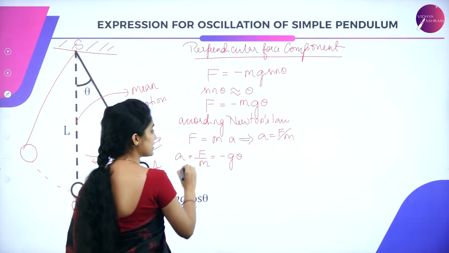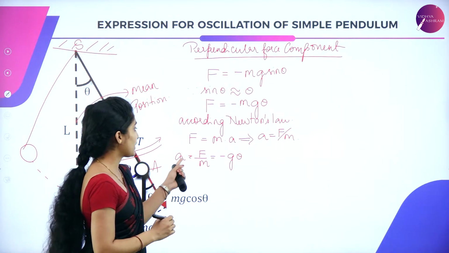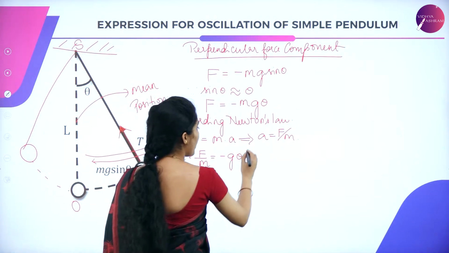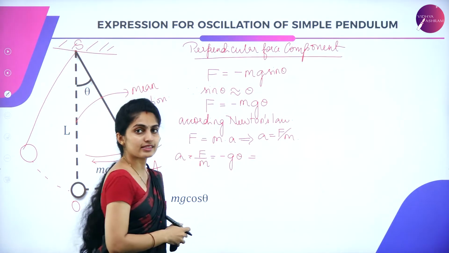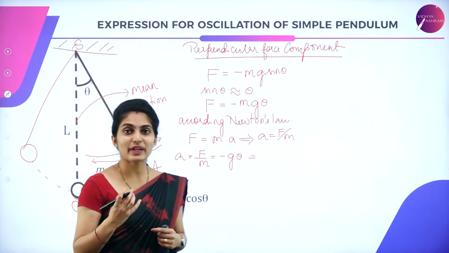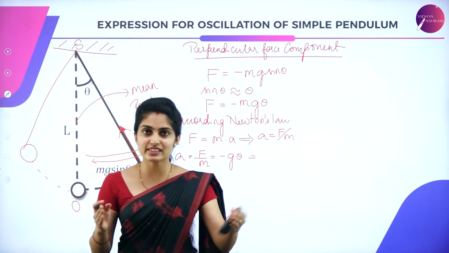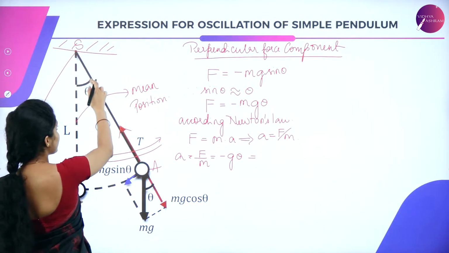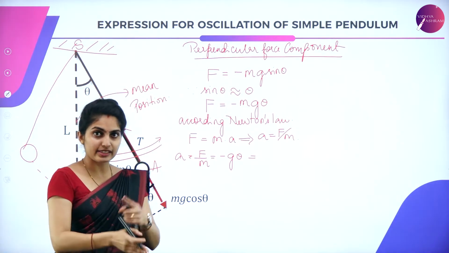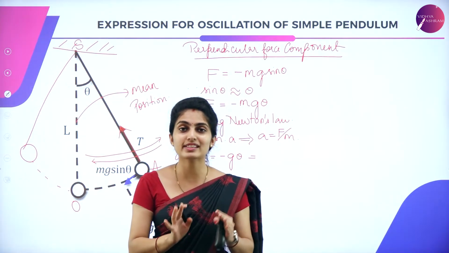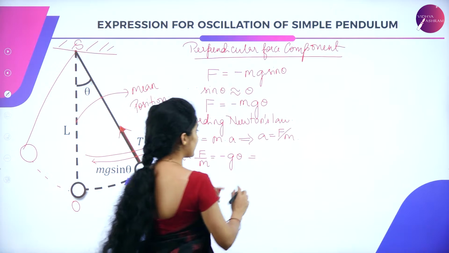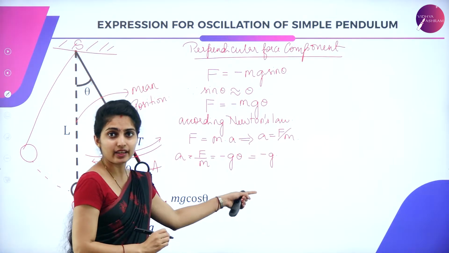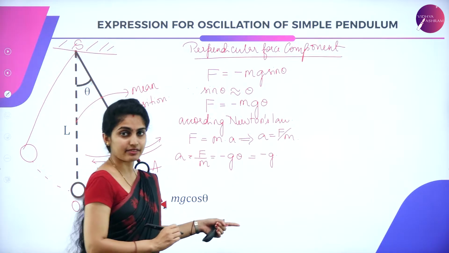Let me consider this as acceleration. So a is equal to F by m, which is minus g theta, and we know that theta is nothing but the displacement. Along with the length, the length makes an angle theta, that is nothing but the displacement. So you can write this as g into, instead of theta, I can just take it as x divided by L.